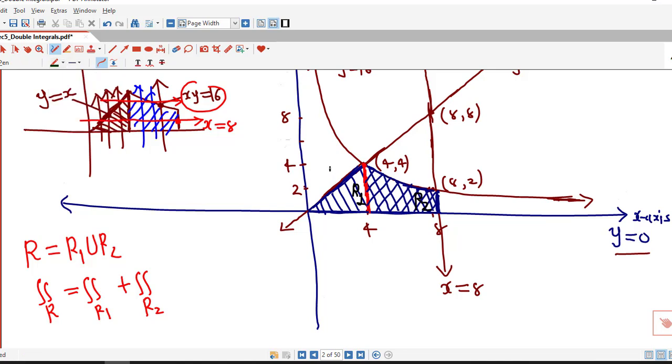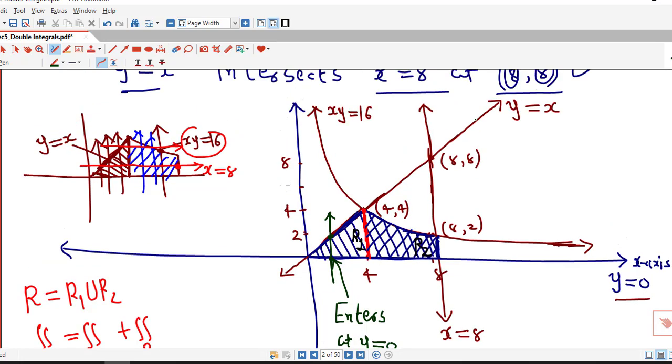If we consider a vertical line in region R1, then our line enters the region at this point, and this point is on the x-axis. So we can write that the line enters at y equal to 0. Now the line is leaving the region at this point, and this point is on the line y equal to x. So here we can write that the line leaves the region at y equal to x.